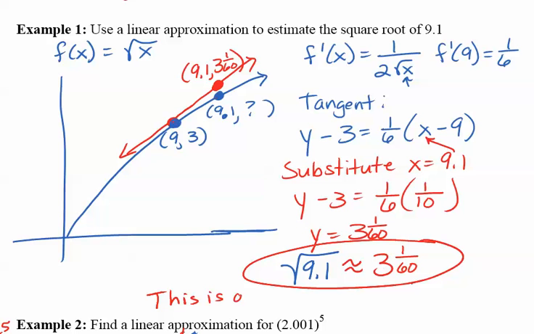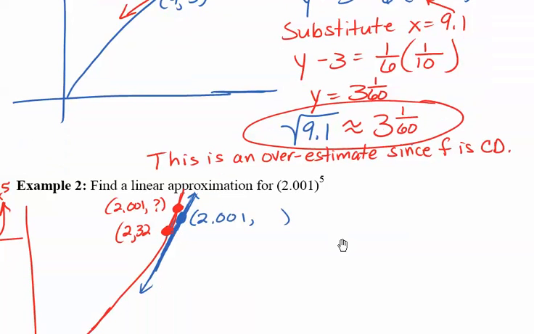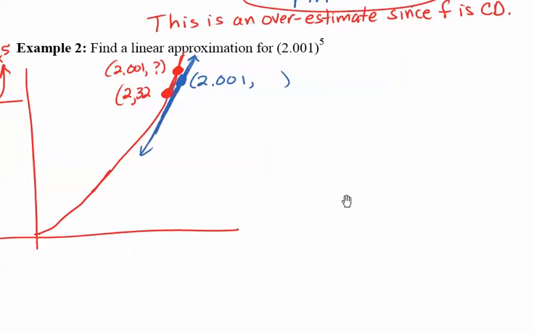So this is an overestimate since f is concave down. So remember, tangent lines are above the function when it's concave down, and tangent lines are below the function when it's concave up. And you'll see that here in our next example.